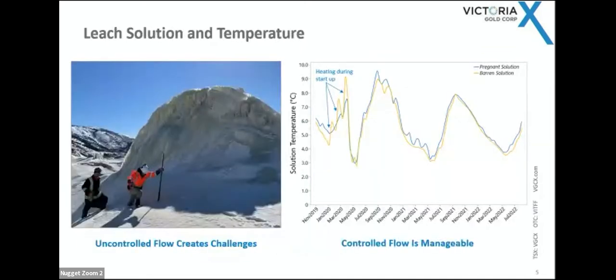So the first thing anybody talks about when they talk about leaching up in the far north of Canada is solution temperature, okay? The real takeaway from an operations perspective is uncontrolled flow causes problems. So you can see two guys out on the leach pad. That mountain behind them is not a mountain.